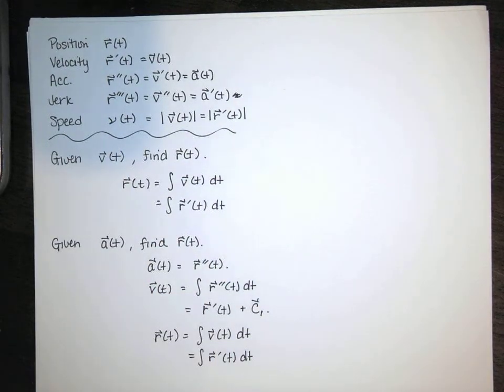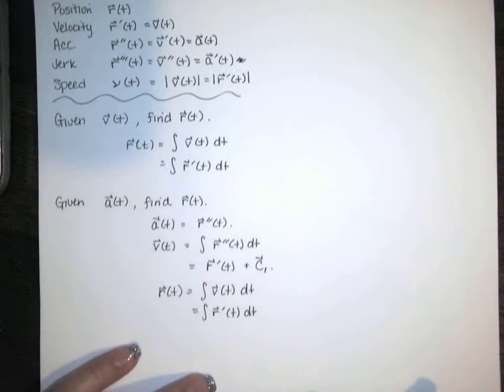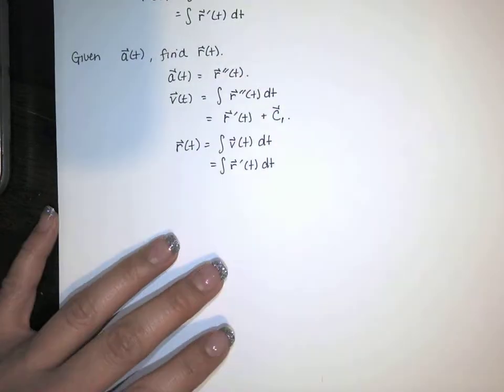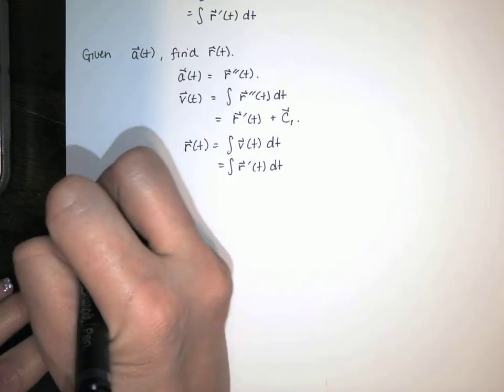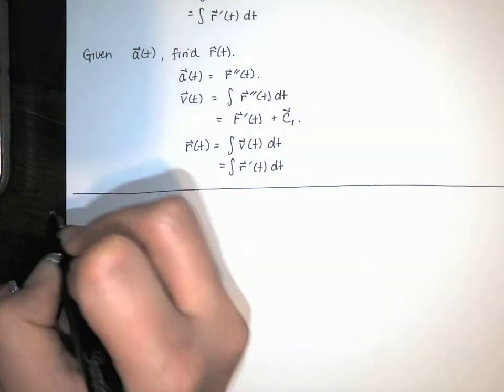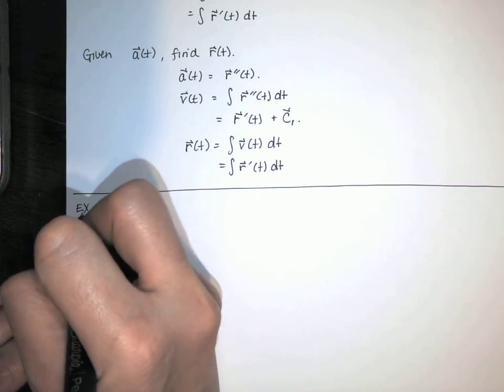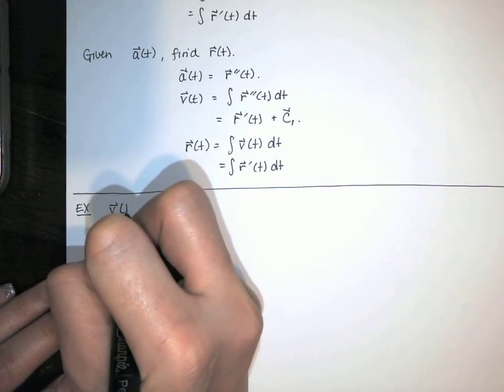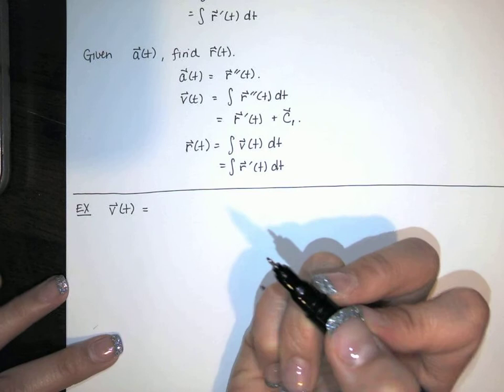There might be some arbitrary constants unless I give you some initial conditions to specify those constants. So let's do an example of that. Now this is a bit contrived. I don't actually know of any function that has this as its velocity function. But this is good practice for us.